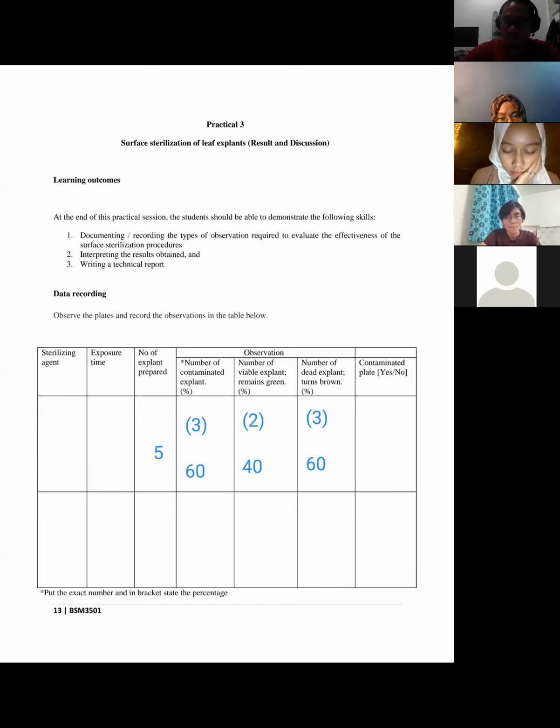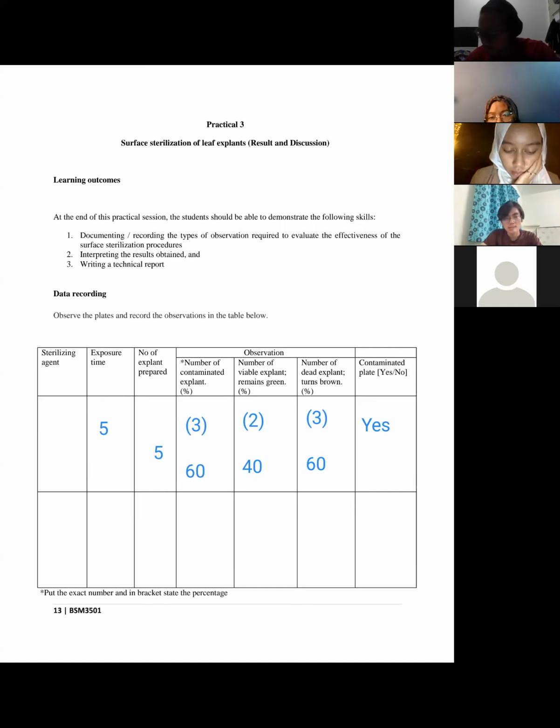For the second table, for 15-minute exposure, I prepared three explants, and from the three explants, I assume that one explant is contaminated, which makes up 33.33%.